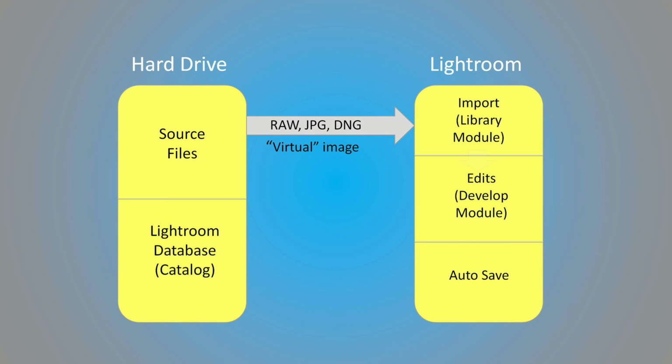But then you might want to do some image editing in terms of white balance. It might be exposure or whatever. So you go into the develop module and do your edits. And keep in mind that, again, this is a virtual image. Basically, Lightroom is just opening a copy of the source file. It's not going to touch your source file.